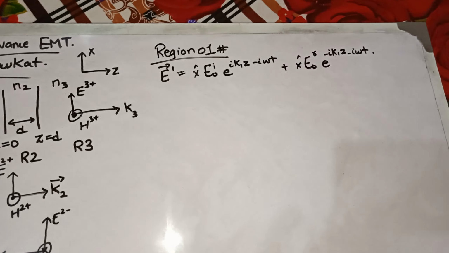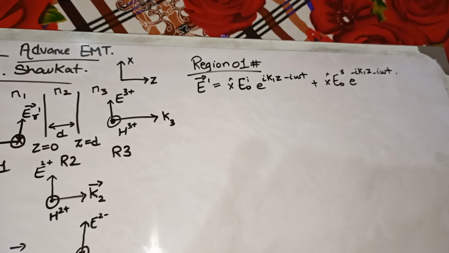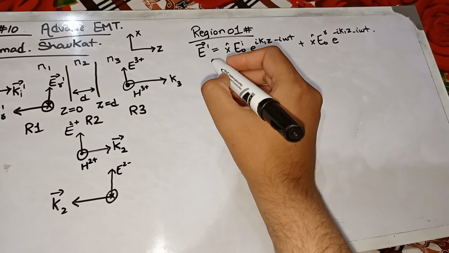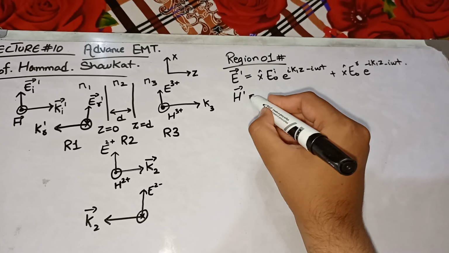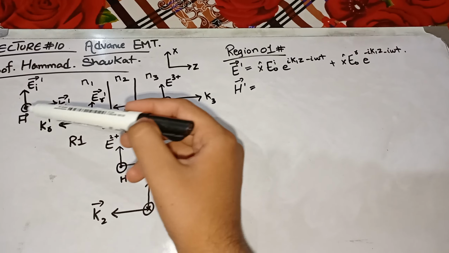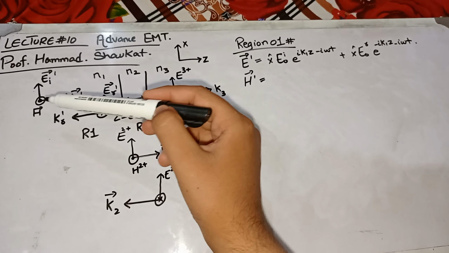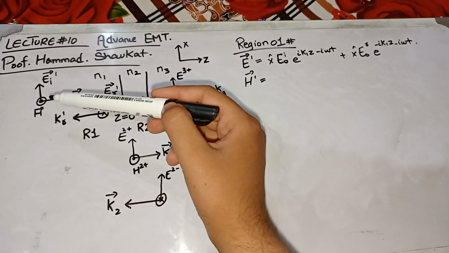Now we have to write the magnetic field equation. How can we write H1? Basically, as I told you, in this scenario the direction of the magnetic field is out of the page.